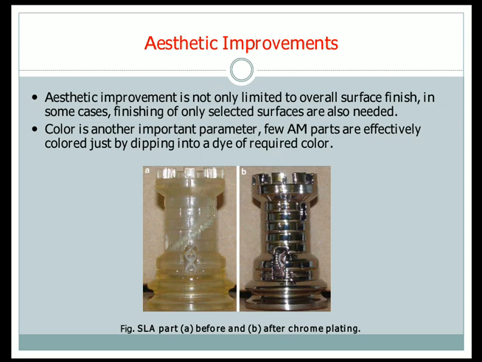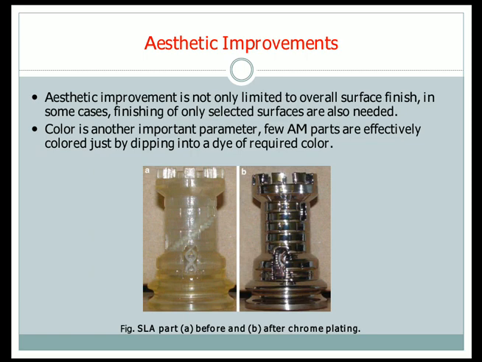Next is aesthetic improvement. It is not only limited to overall surface finish. In some cases, finishing of only selected surfaces is also needed. In some applications, they will do finishing of only selected surfaces, not the entire surface of the 3D component. Color is another important parameter.